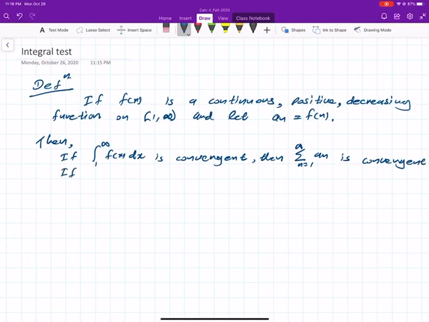If integration from 1 to infinity f of x dx is divergent, then sigma n goes from 1 to infinity an is divergent.